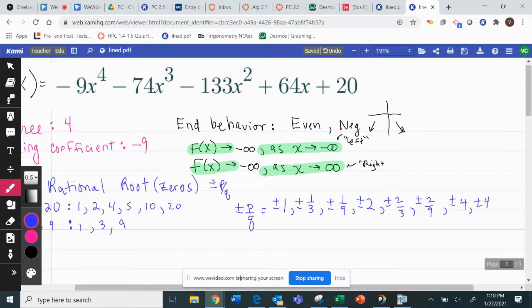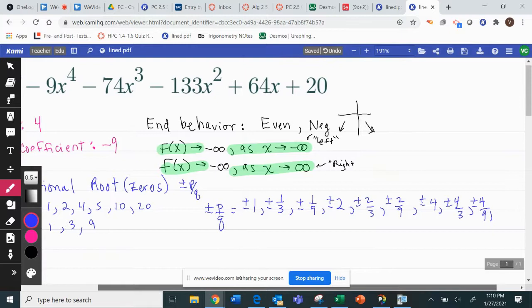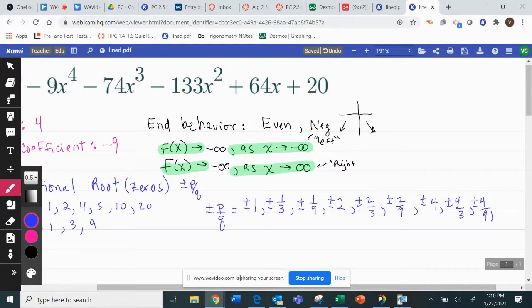Plus minus 4/3. Plus minus 4/9. Okay, my 5's would be plus minus 5, plus minus 5/3, oops, thirds, and plus minus 5/9.